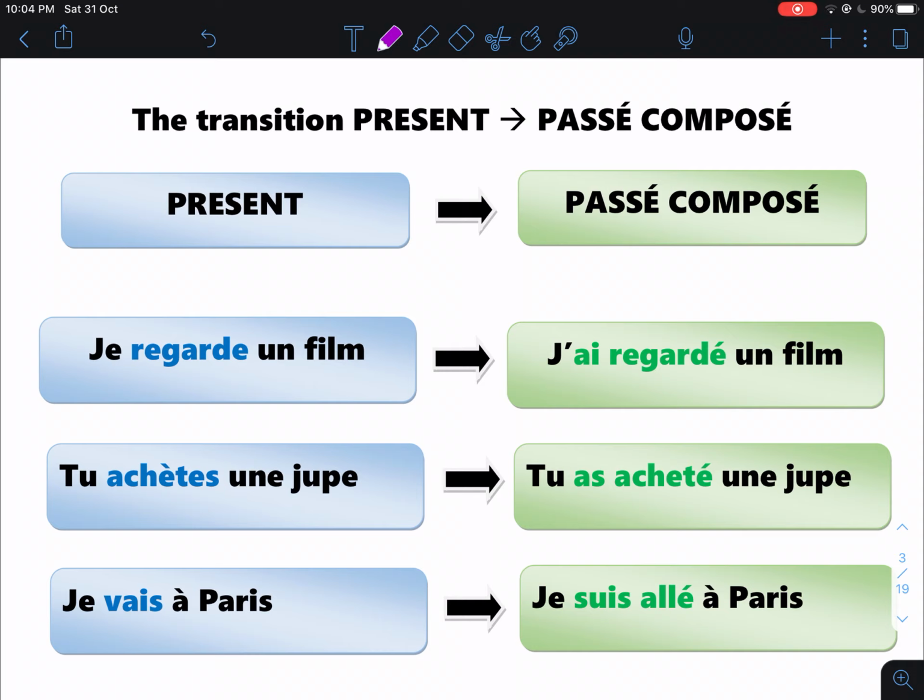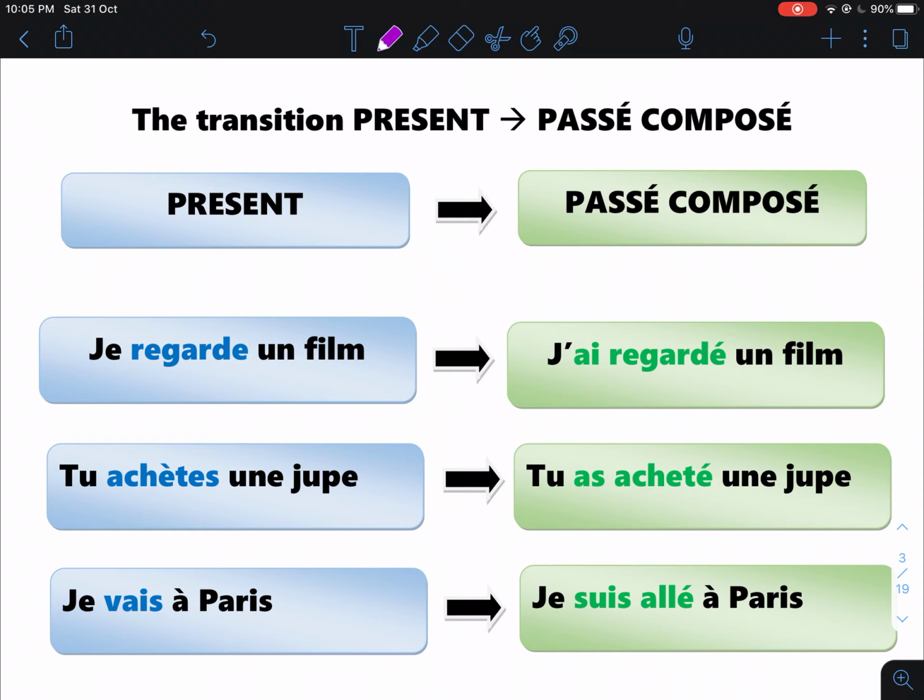Right? So look at the transition. You have tu achètes une jupe, you buy a skirt, becomes tu as acheté une jupe. And the last transition is je vais à Paris, I go to Paris, becomes je suis allé à Paris. So I go to Paris becomes I went to Paris.